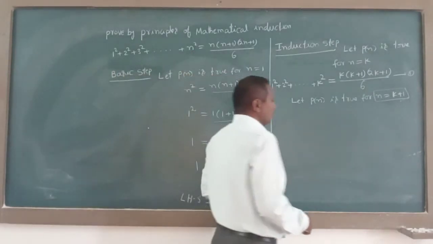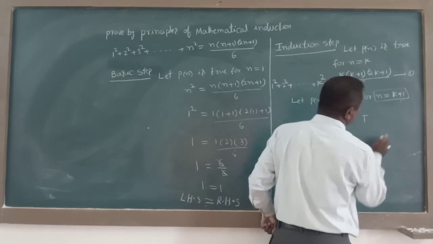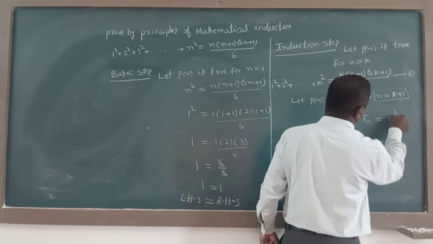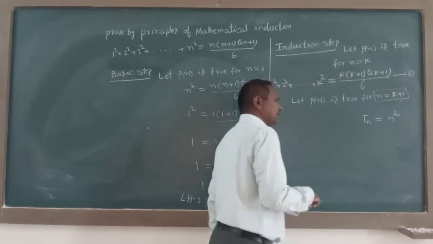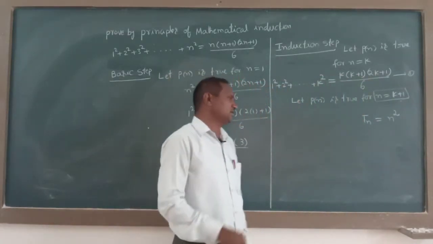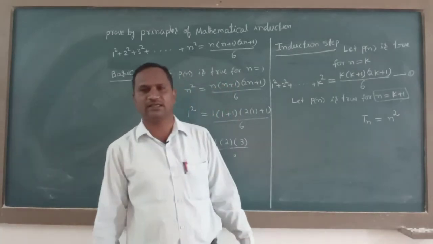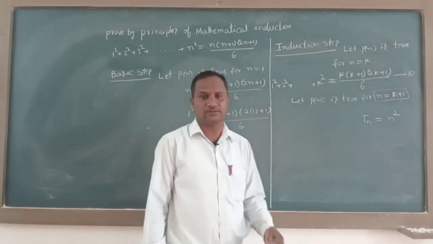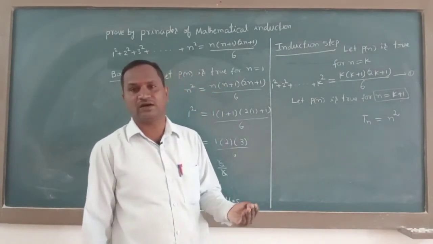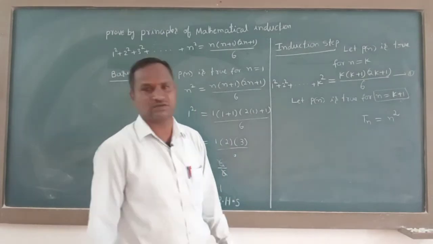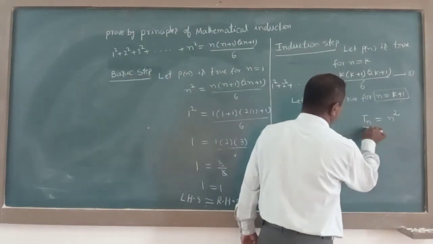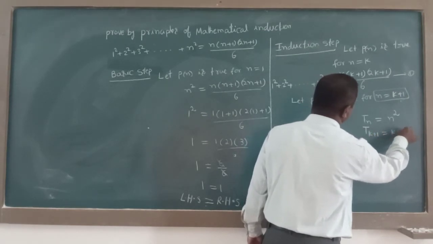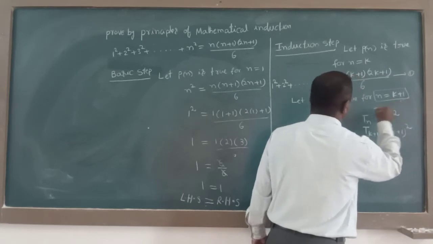So we can write Tn is equal to n square. Then, for example, Tk is k square, Tx is x square, Ty is y square. Like that, for the k plus 1 term, if we put k plus 1 in place of n, it becomes k plus 1 whole square. Tk plus 1 is equal to k plus 1 whole square.